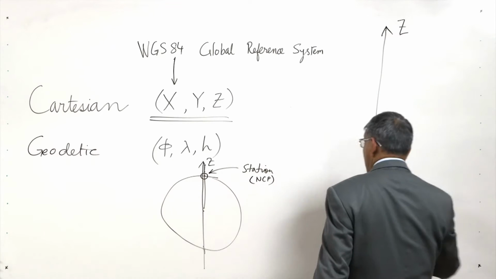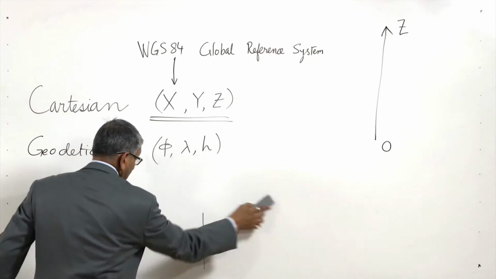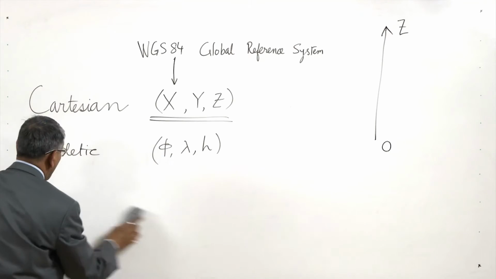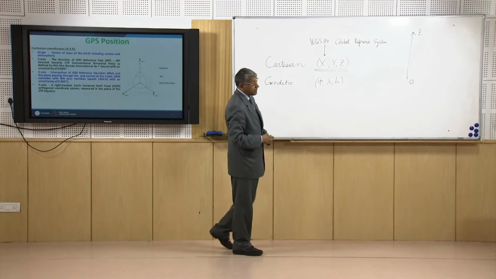So that z axis is the most fundamental axis in our Cartesian coordinate system.